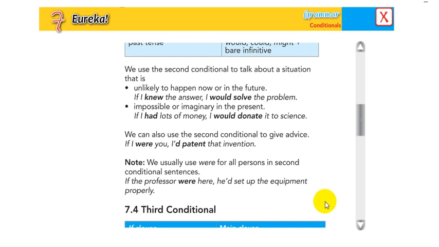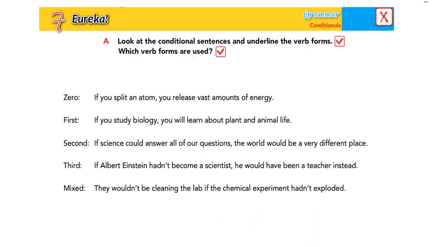So we use the second conditional to talk about a situation which is unlikely to happen now or in the future, to talk about an impossible situation in the present, and to give advice, and we use were for all subjects, singular or plural.